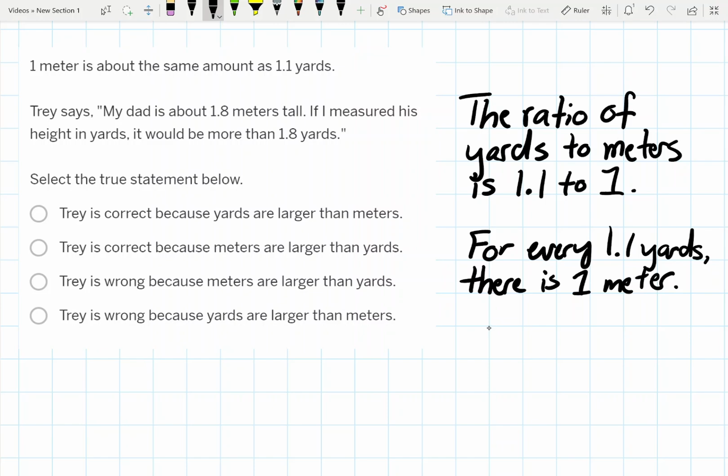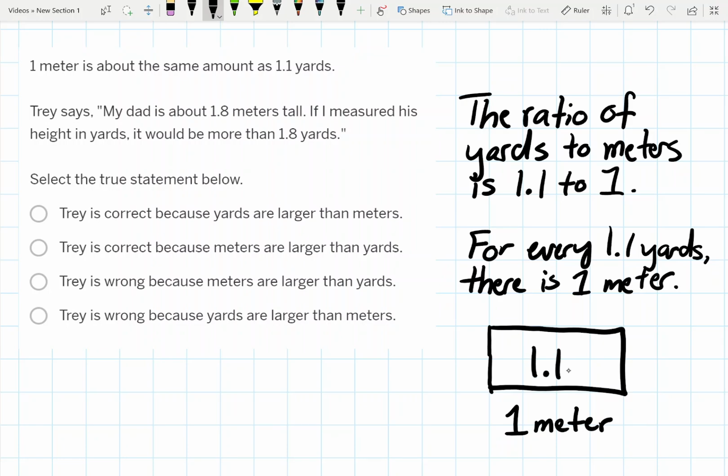So if we have 1 meter, I can draw a little tape diagram. If we have 1 meter, that's the same as 1.1 yards.